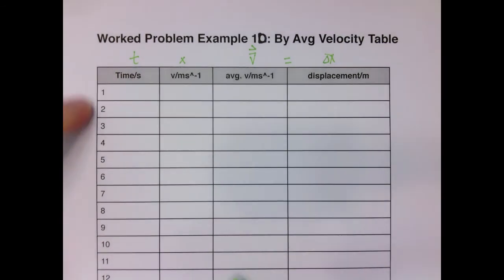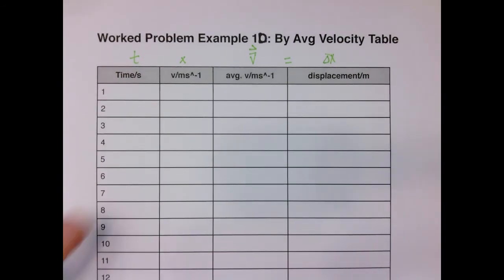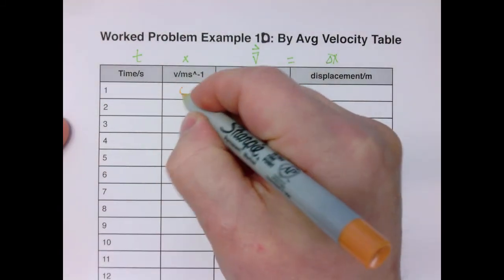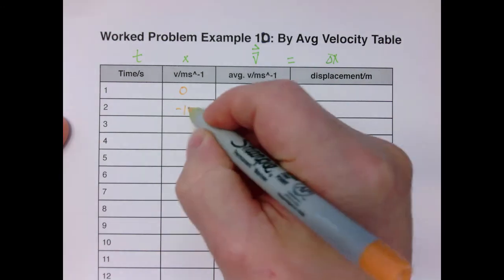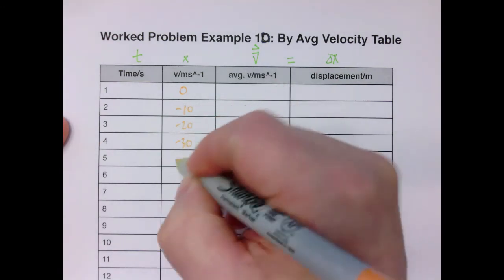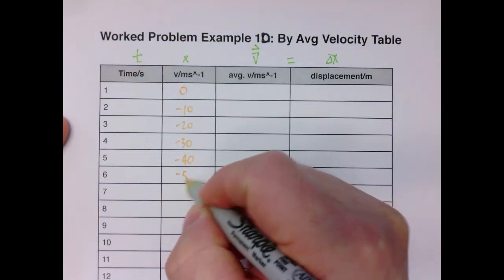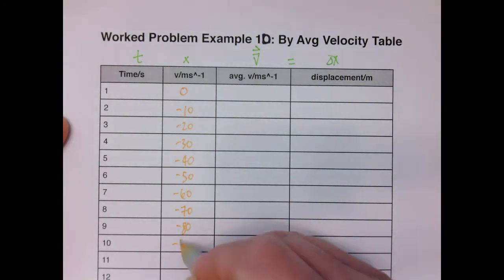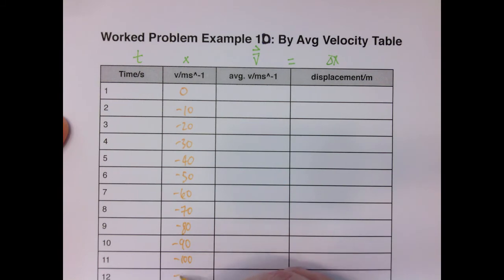We have our time column here. We have our velocity. Well, from the moment it's dropped, we have a velocity of 0, then negative 10, negative 20, negative 30, negative 40, negative 50, negative 60, negative 70, negative 80, negative 90, negative 100, and negative 110.